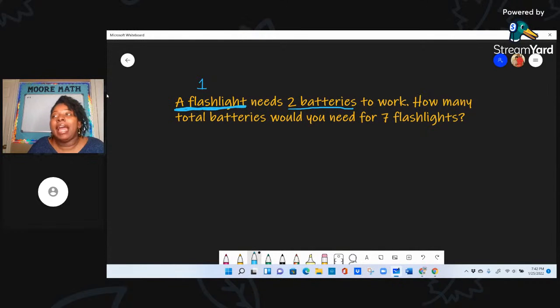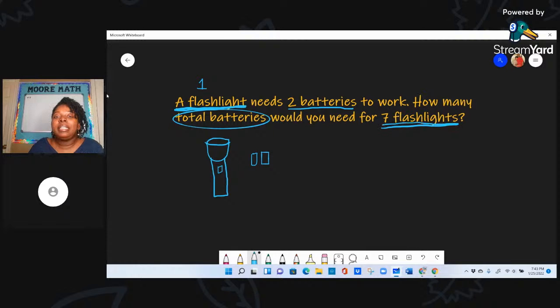Now, if you're like me, I like to draw pictures to kind of help me understand it. I'm not the greatest at drawing, but we're gonna make it work. So let's pretend that this is a flashlight and it needs 2 batteries. So 1 flashlight needs 2 batteries. And we want to find out how many total batteries am I going to need for how many flashlights? 7.